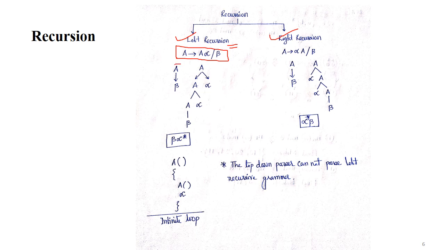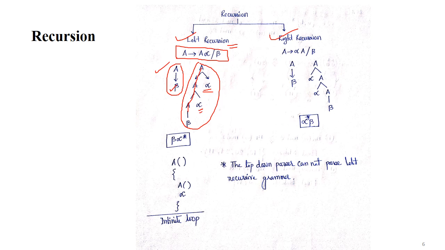If I use the production A to beta directly, then this is my minimal production; beta is my minimal terminal symbol. Now if I apply A alpha, then I can generate this type of parse tree. And you can see here also, the non-terminal A is replaced on the left side only. In the right side we have our terminal values.